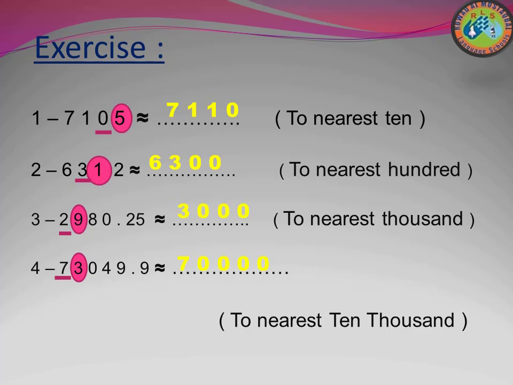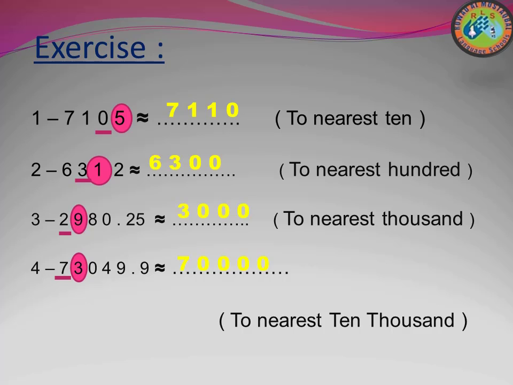Number 4, 73,049 and 9 tenths approximate to the nearest 10,000. Here I will underline 10,000 and circle the digit before. It's poor as it's 3, so I will replace all digits before the underlined digit with 0 and write the number as it is. So it will be approximately equal 70,000.